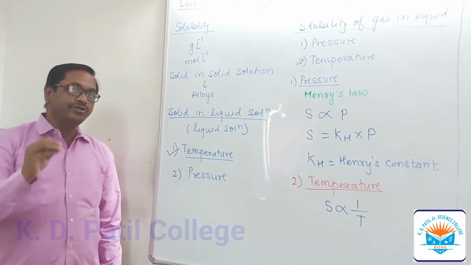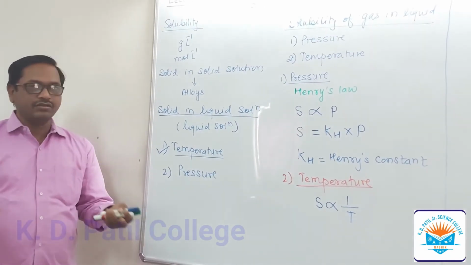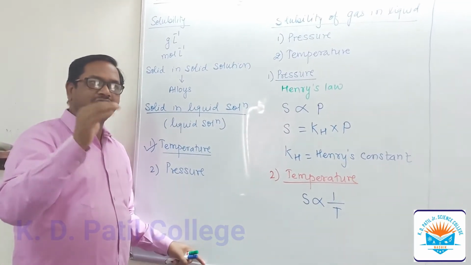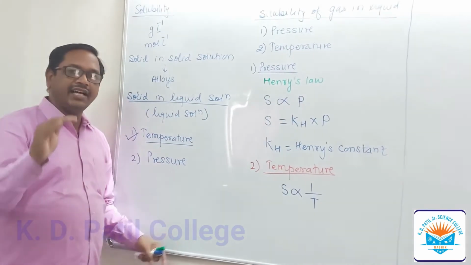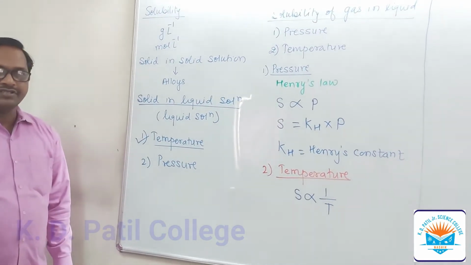Therefore, due to the increase in temperature, the solubility of oxygen in the water goes on decreasing. Therefore, the level of oxygen in the sea water at the surface or upper level goes on decreasing.